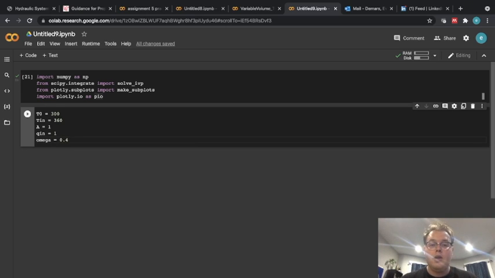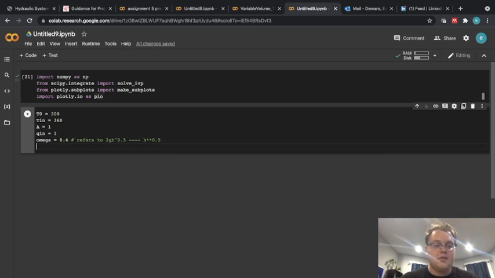So I'll know that 0.4 refers to the 2gh to the 1/2 equation, which we'll use in reference to our h to the 1/2 when we start putting in our actual equations. So omega is equal to 0.4.